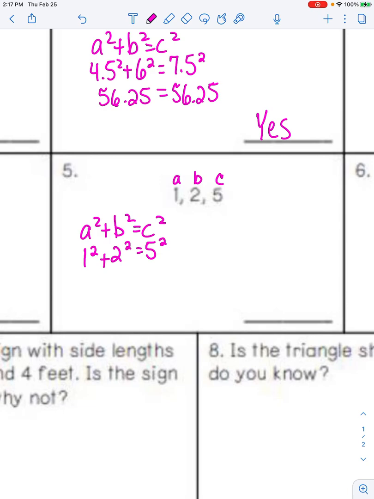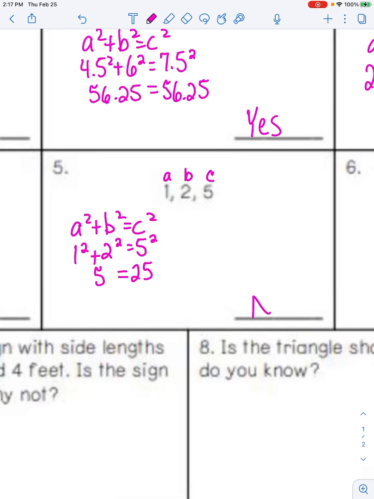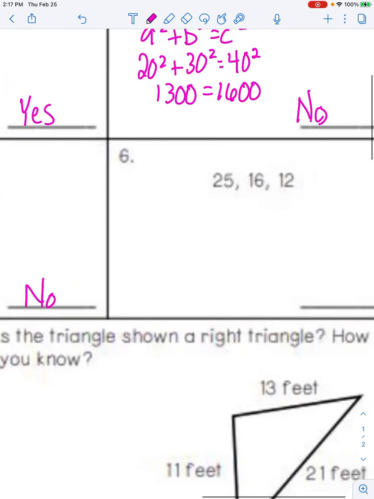So 1 squared plus 2 squared gives us 5. And then 5 squared, 5 times 5, is 25. Is 5 equal to 25? No, it's not. That doesn't make the Pythagorean theorem true, so no, these three sides cannot form a right triangle.